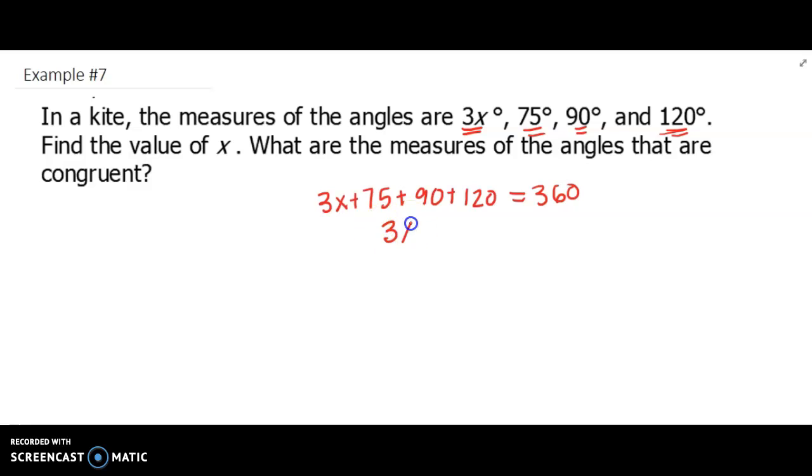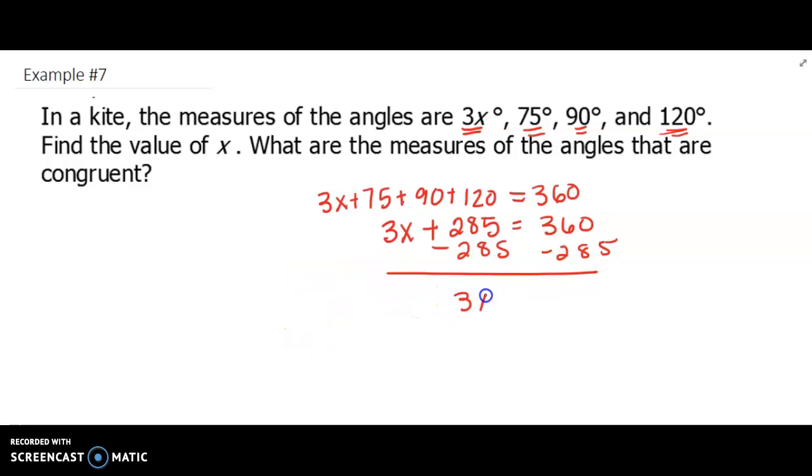If I clean this up, I get 3x plus 285 equals 360. Subtract 285 from both sides. That gives me 75. So 3x equals 75.